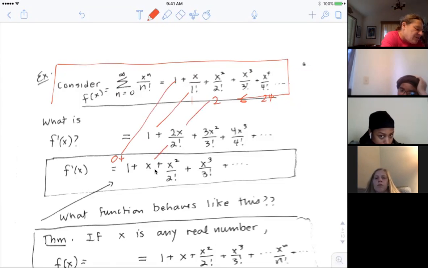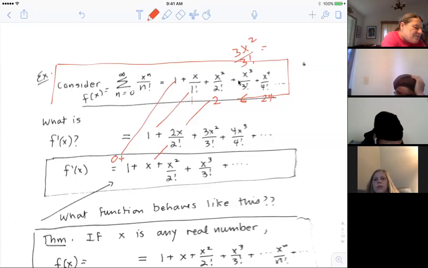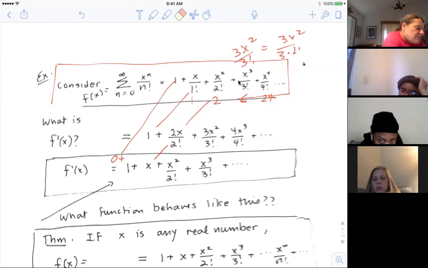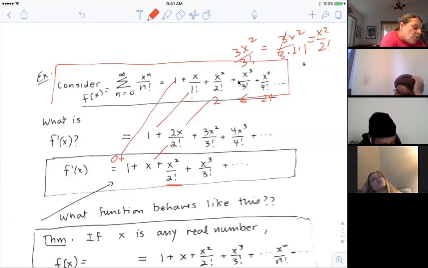If I looked at 3 factorial, I bring down the 3, that would be 3x squared over 3 factorial. I want you to notice what happens here. 3 factorial is 3 times 2 times 1. The 3's go, so that ends up being x squared over 2 factorial.